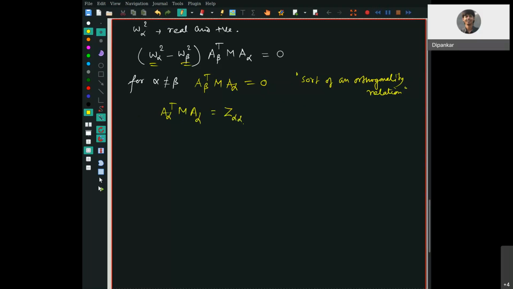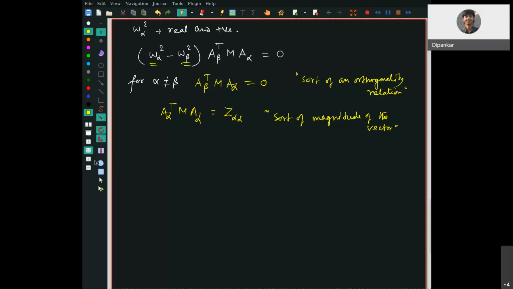So this Z alpha alpha, I proved it to be a real and positive quantity. Okay, so this is sort of the magnitude of the vector.